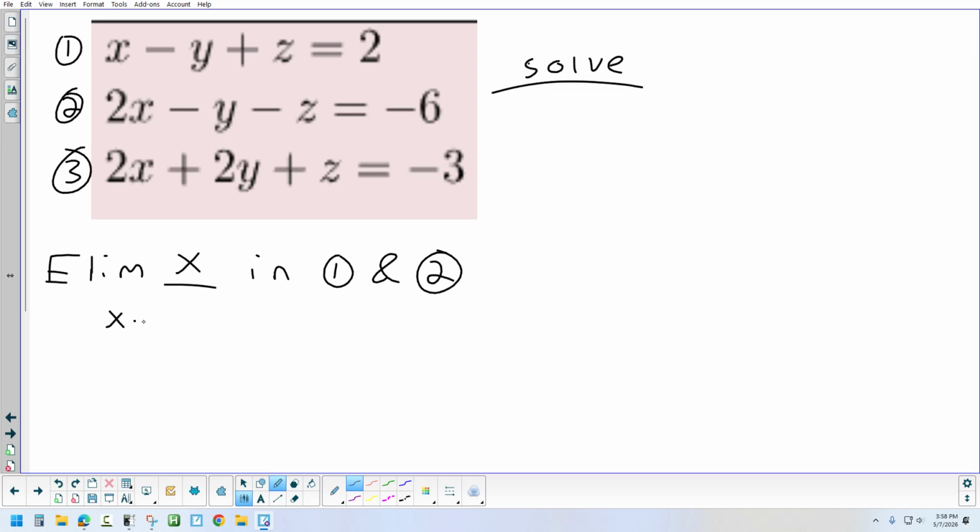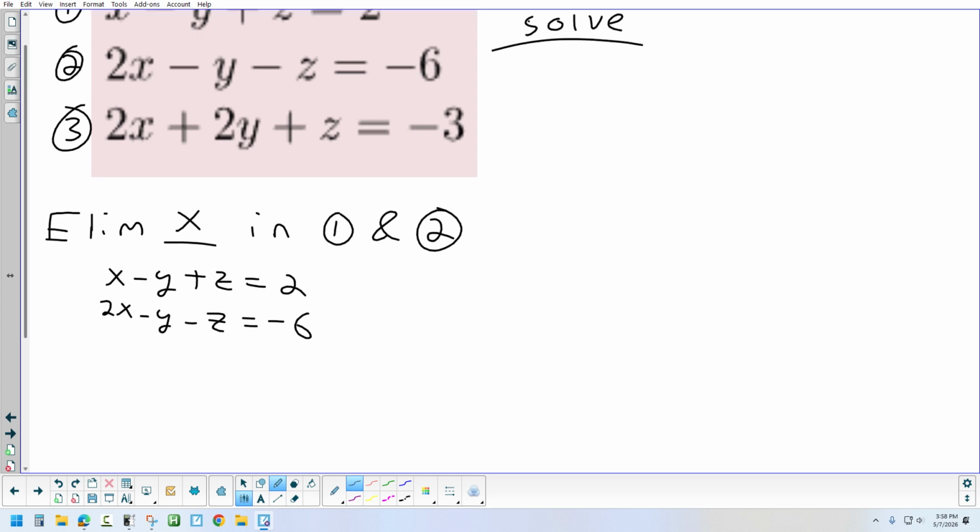So we've got x minus y plus z equals 2. We've got 2x minus y minus z equals negative 6. And what would you have to do to these equations so that you could eliminate x? Multiply the first one by negative 2. Yep. And if you distribute negative 2 in the top, what would you get?